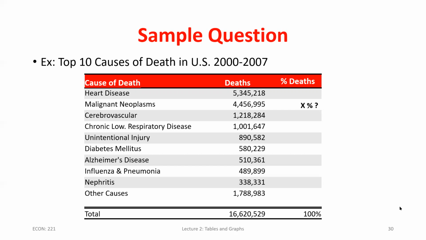Now, if I didn't give you that total, think about how we came up with these frequencies. There was this huge data set that basically had every single death in the United States, and it had the cause. By hand, we would go through this huge data set, count the number of deaths where the leading cause of death was heart disease, then write that frequency down, then do that for the next type of death and the next type.